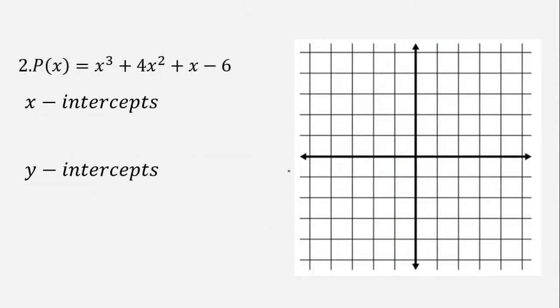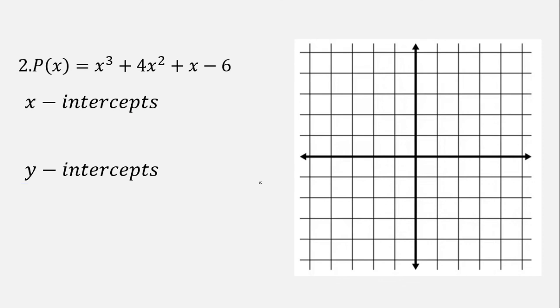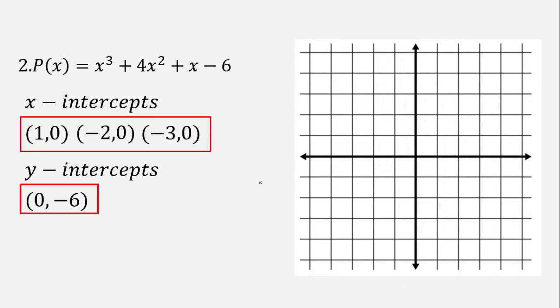Okay, let's make a rough sketch of this. We already solved for the x-intercepts of this and the y-intercept as well. So all we need to do is to plot all the points. So this is 0, 6. Again, it is positive and odd.